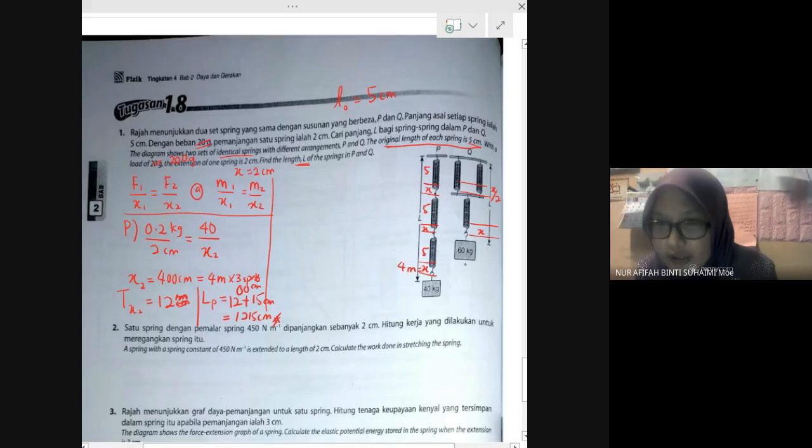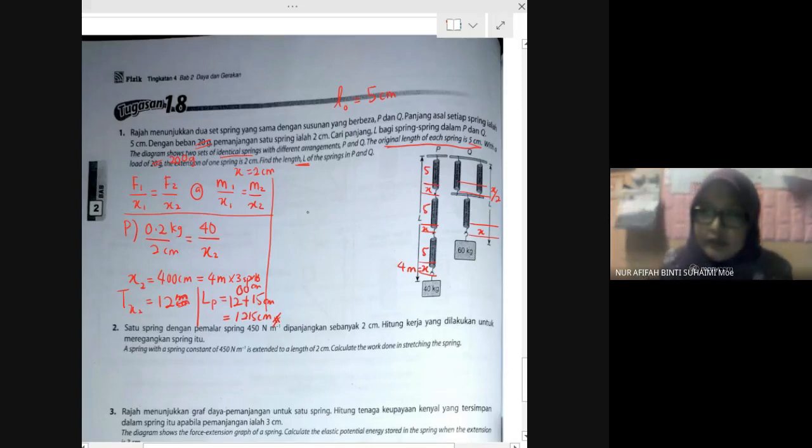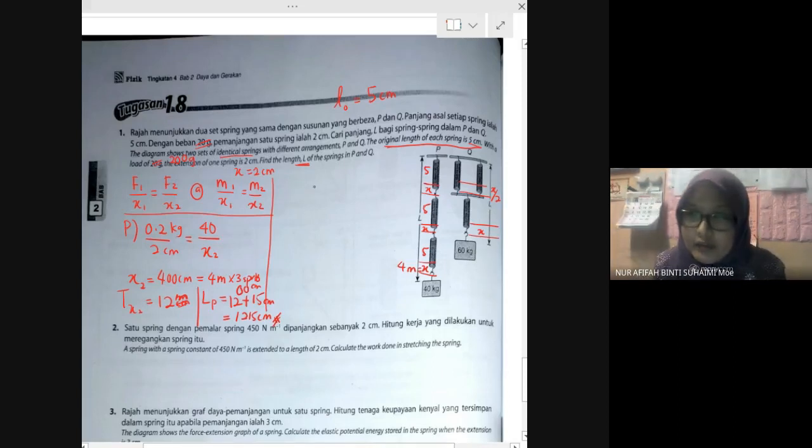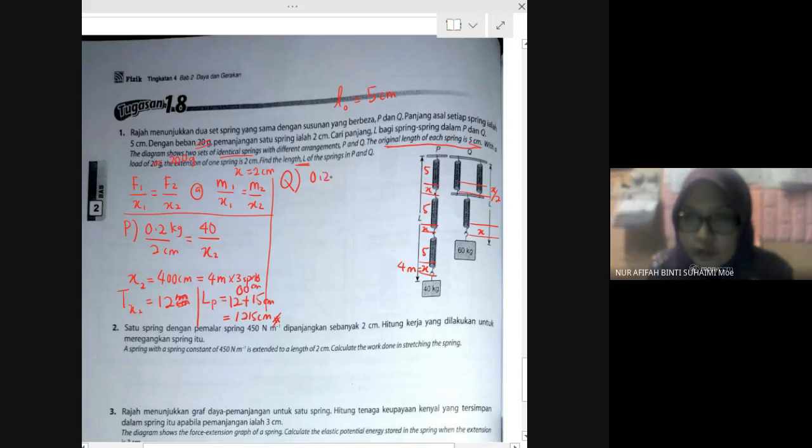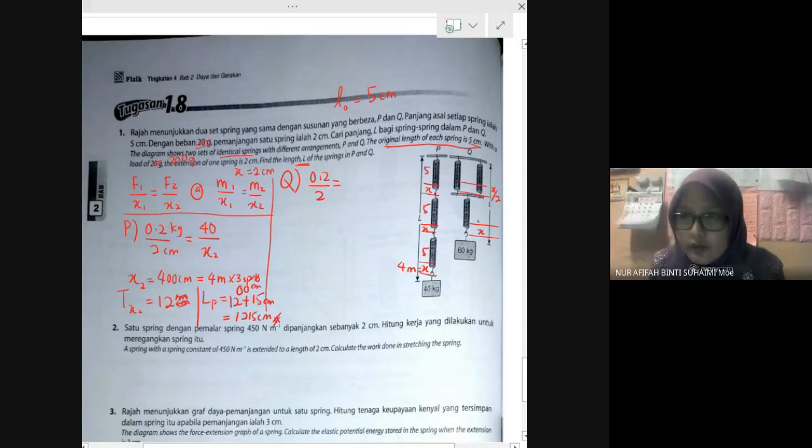Now it use a different load, so we need to find dia punya extension, extension yang lain lah. Okay, so untuk Q sama juga guna ratio, 0.2 kg over 2 equal to, okay, look the load for this system is 60. Now in parallel, you still remember the equation for tension?